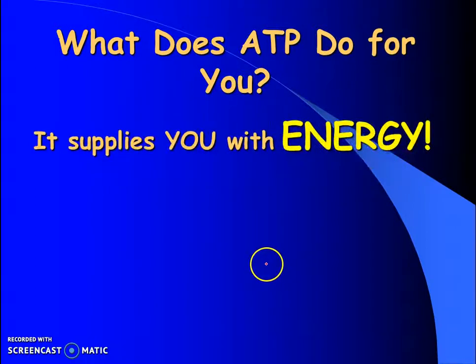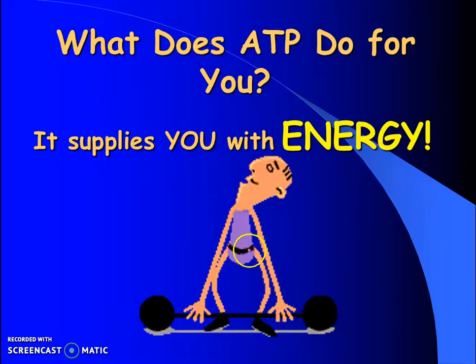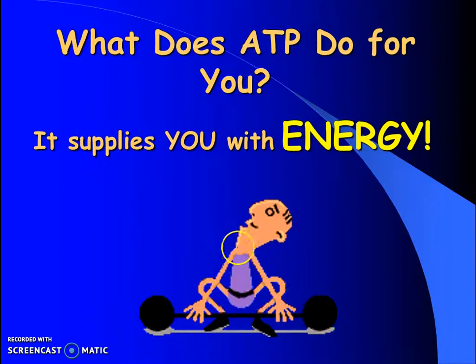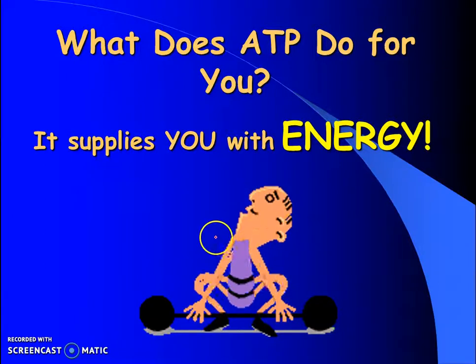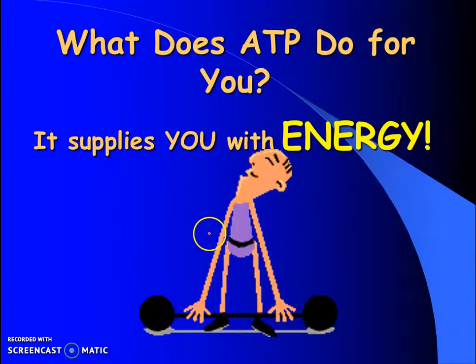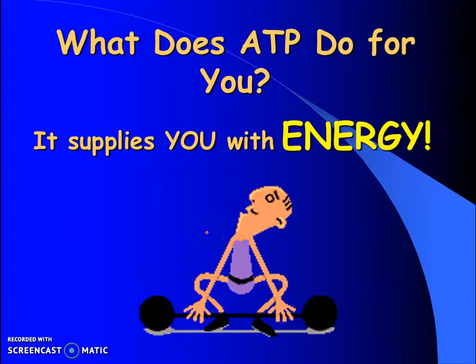So what does ATP do for you? It supplies you with energy. Whenever you eat food, that food is digested, and the digested food gets converted into glucose, that is C6H12O6, and that glucose goes into each cell of your body and is converted into ATP. And what does ATP do?